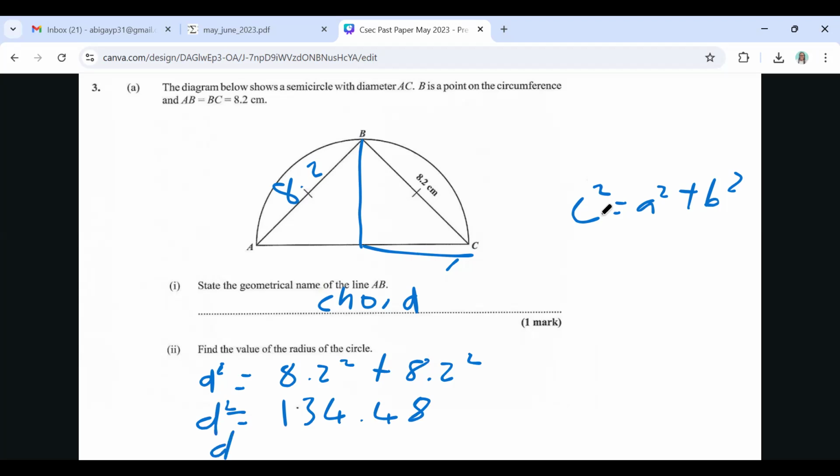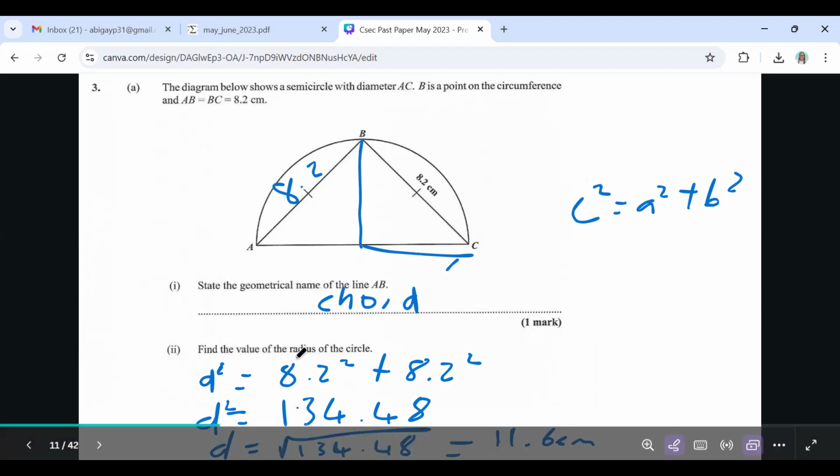So we need to find D. So we're going to square root 134.48, and that is equal to 11.6 centimeters. But we still haven't found the radius.